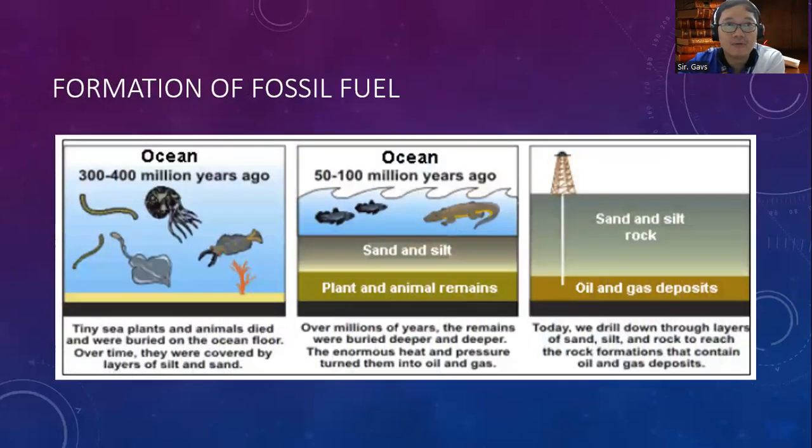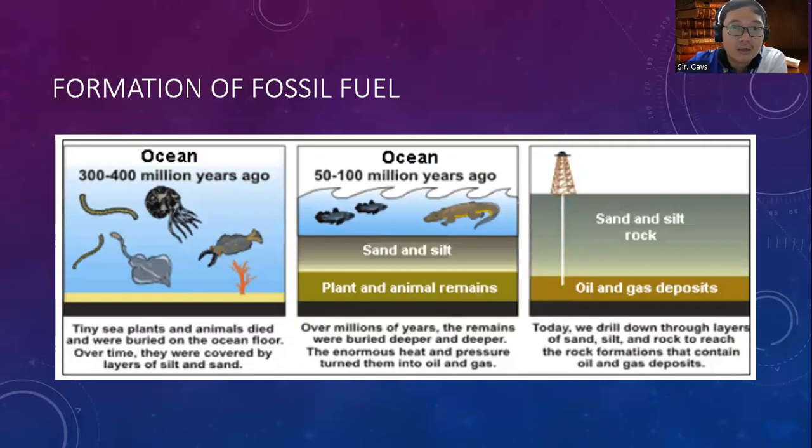Here is the diagram of the formation of fossil fuel. At first, 300 to 400 million years ago, there were ancient animals living on Earth. And after some years, those animals died because of natural reasons or calamities. They tend to remain on the sea floor.